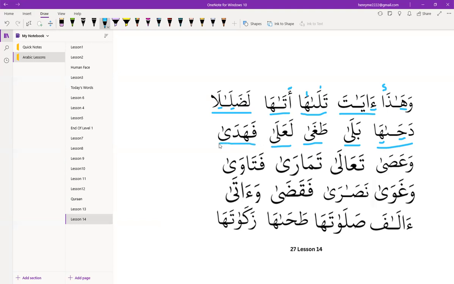And this one here is fahada. The da will be longer with the fatha, because at the end here we have the ya, but the ya has a short alif on top of it, and it becomes silent.